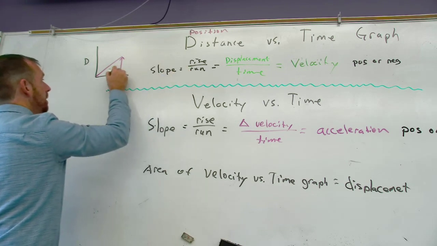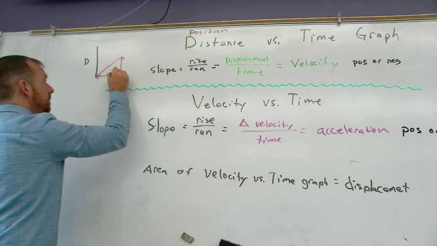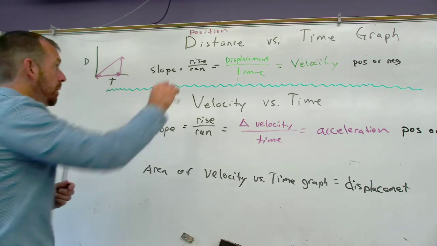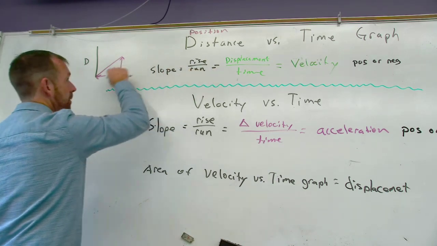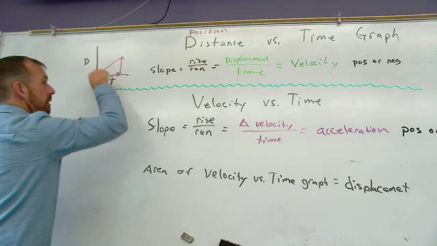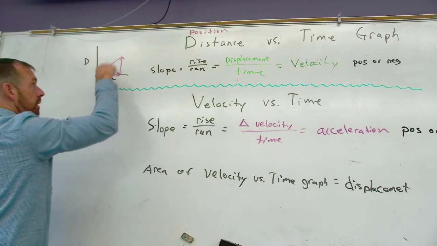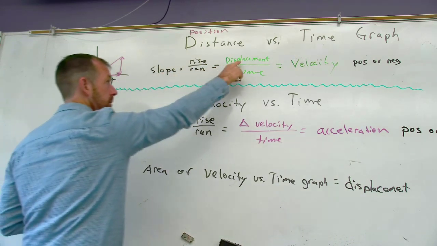That would be rise, and then run would be here. The slope is equal to rise over run, which is equal to distance or displacement over time.